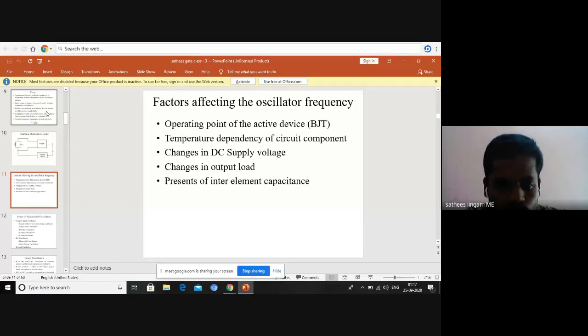One more thing: when you connect all the oscillator circuitry devices and elements within a small area of the PCB board, every device and element is very close to each other. Because of that, it is creating some capacitive effect between every element or device. So that is also playing a role in affecting the oscillator frequency.